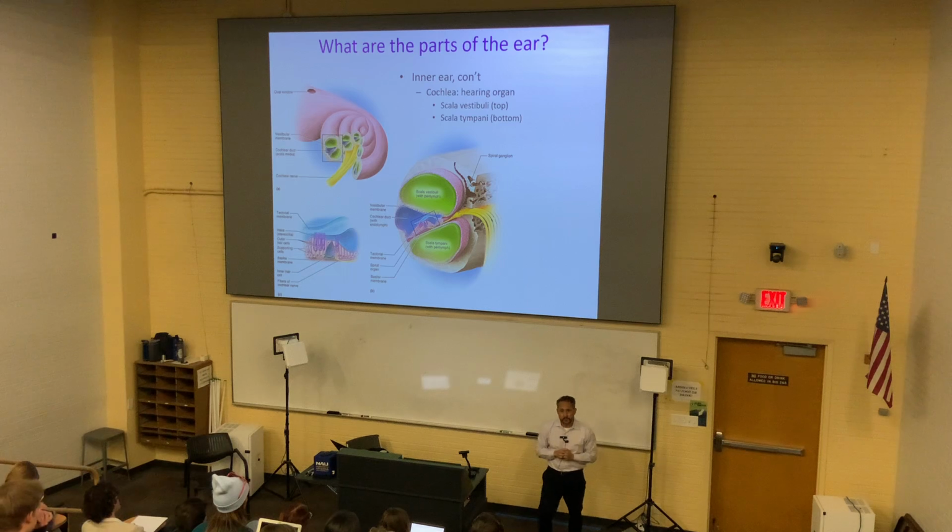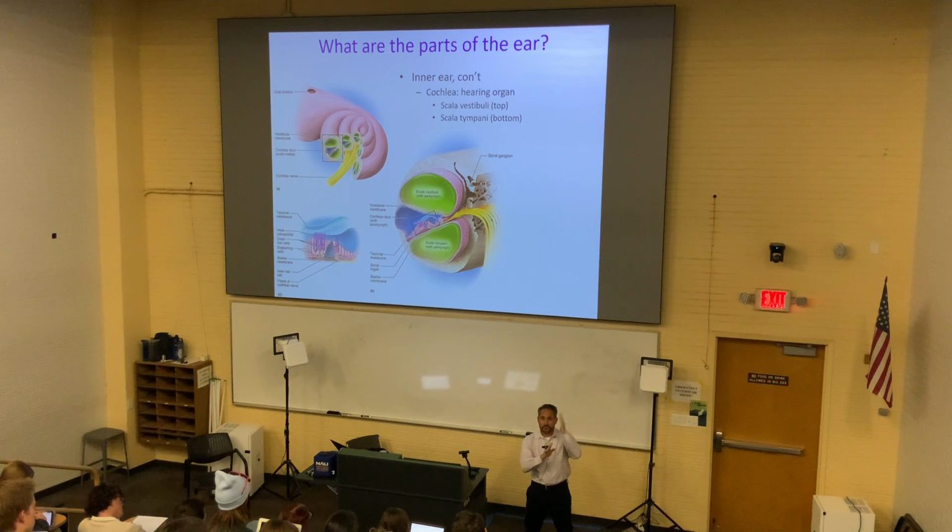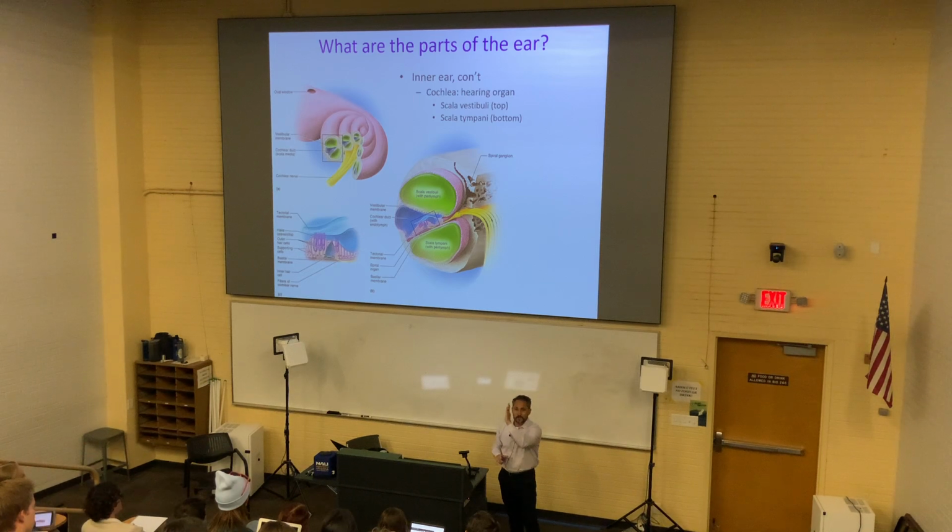So, how this works. Air molecules vibrate, the eardrum moves, the three bones move, the oval window moves. On the other side of the oval window is this fluid-filled chamber, and it propagates the wave of sound through the fluid. Like when you take a pebble and drop it onto a pond that's nice and calm, you can literally see the ripples.